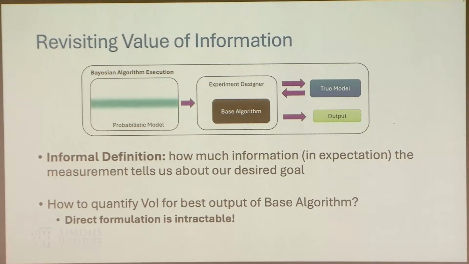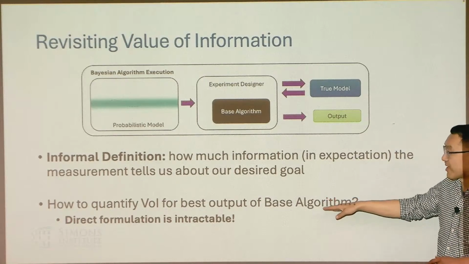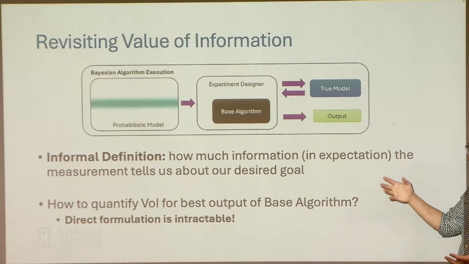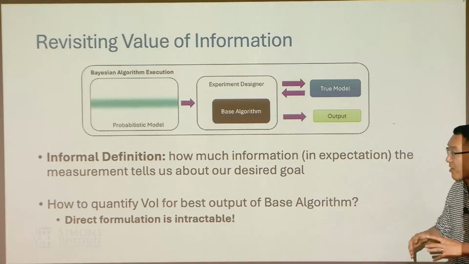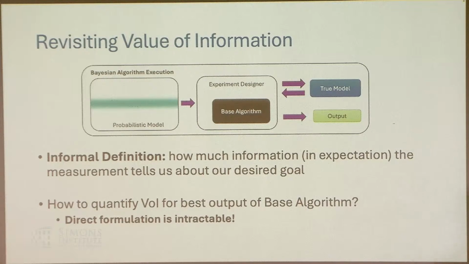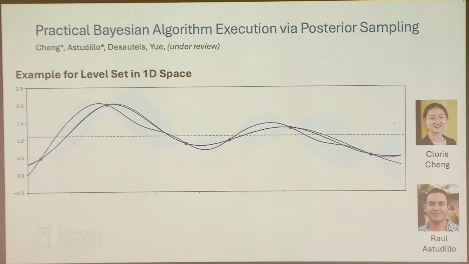Now, you can extend the definition of value of information to quantify the output of the best shortest path or the best top K portfolio. But it turns out that that direct formulation is intractable. It's this really nasty integral. And so that motivated us to design a new algorithm.